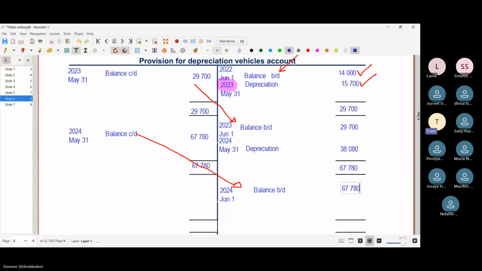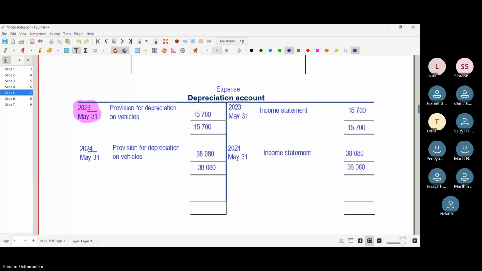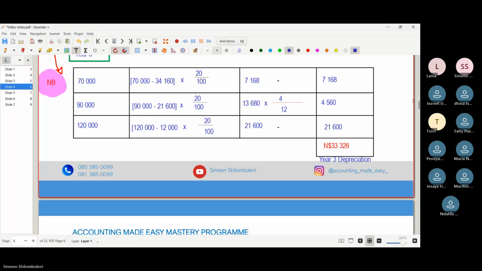We go to the depreciation account again. Or you mean we come to the calculations? Okay, what do I do?